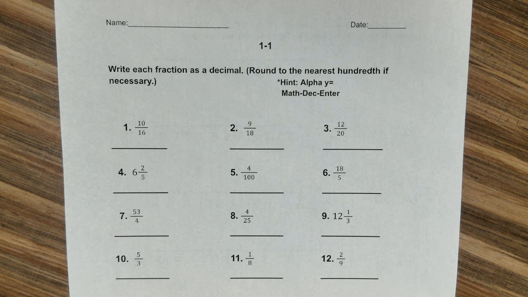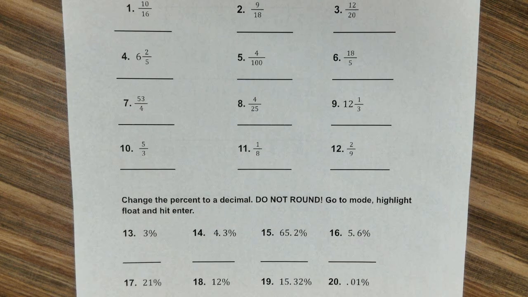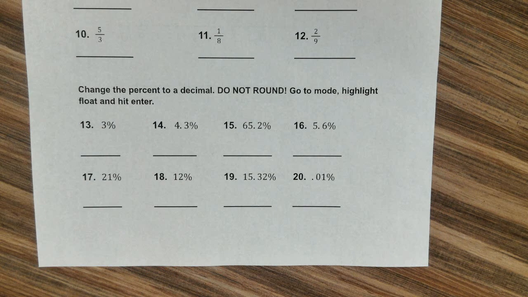Okay, go down to the next section. Everybody look. On 13 through 20, what does it want you to do? Change the percent to a, what does this say? Do not round. That means you're going to write exactly what the calculator says. Okay? Everybody mark this out because I didn't teach y'all mode today.